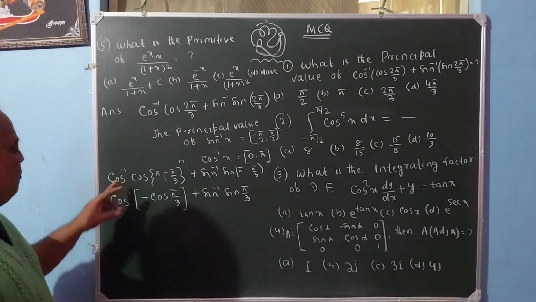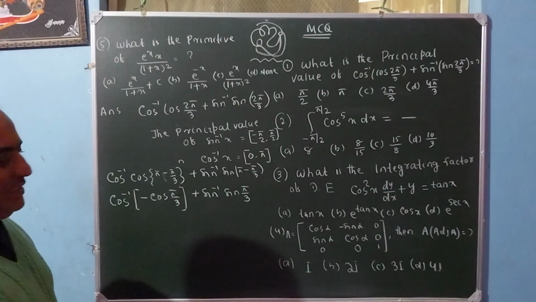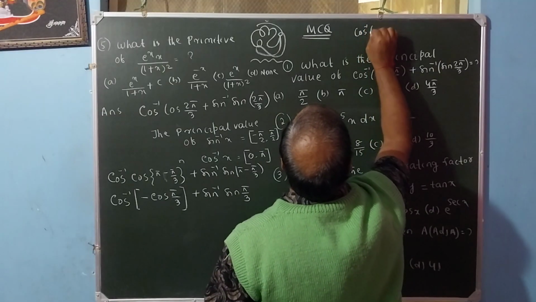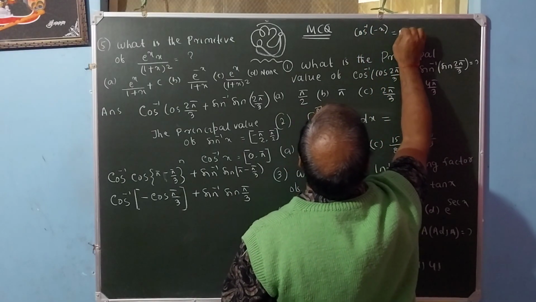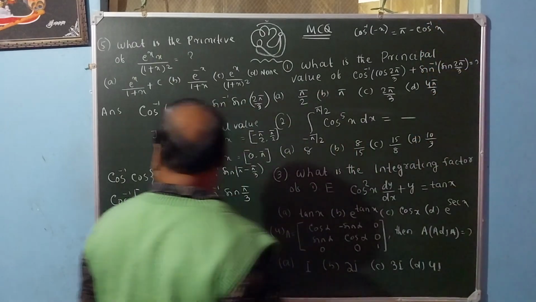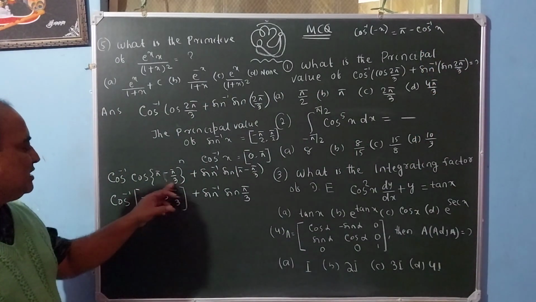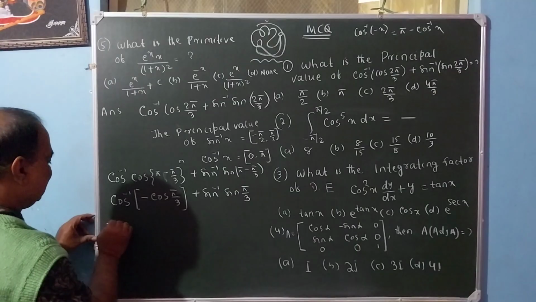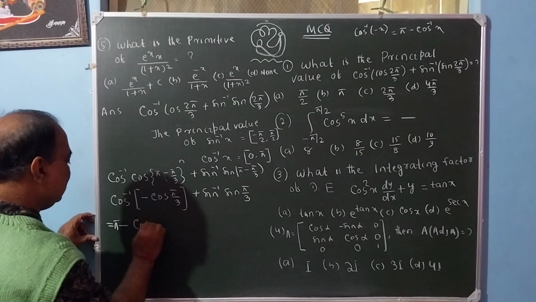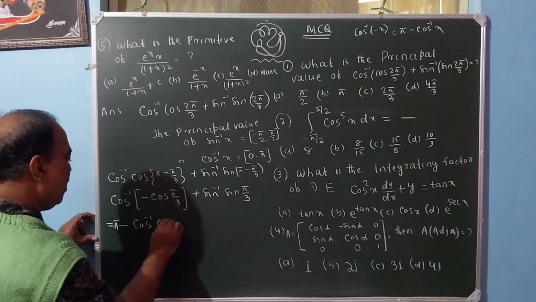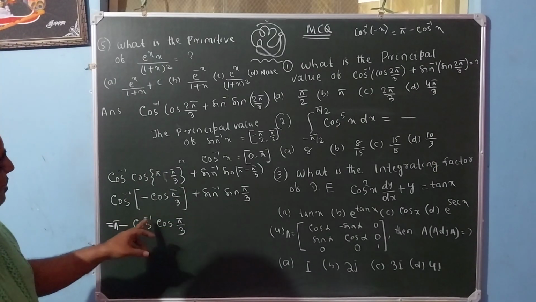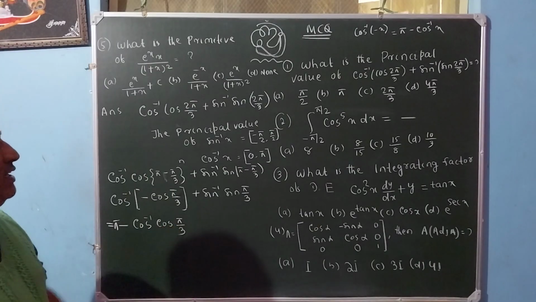Suppose cos inverse of minus x, you know one formula, cos inverse of minus x is pi minus cos inverse x. So cos inverse of minus cos pi by 3 is pi minus cos inverse cos pi by 3.